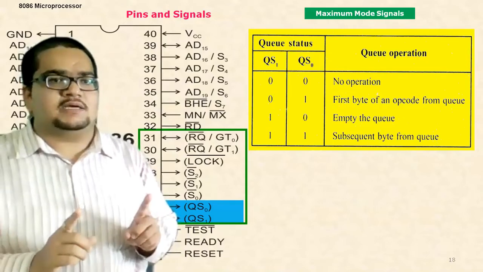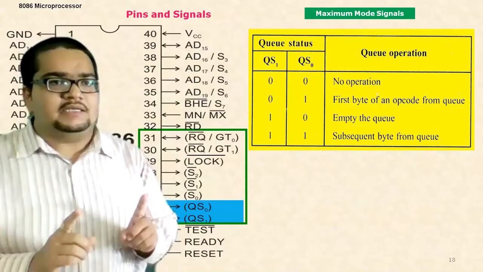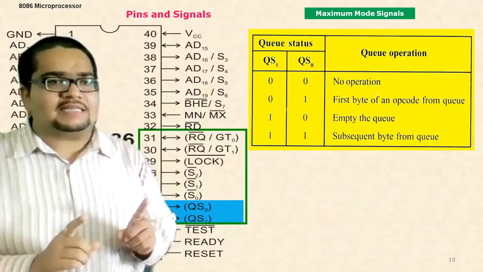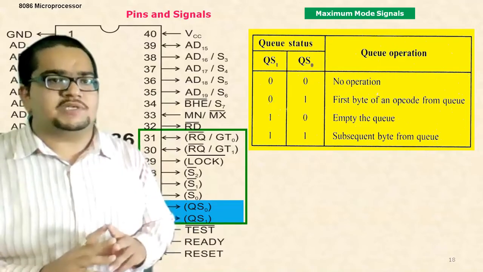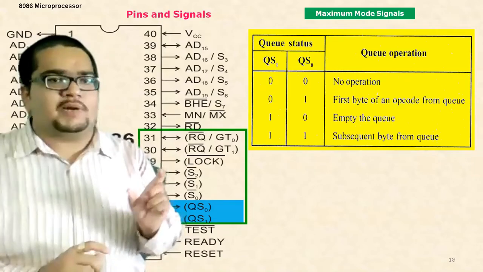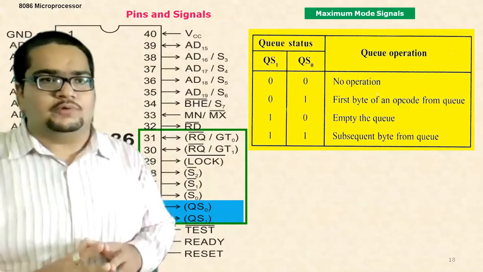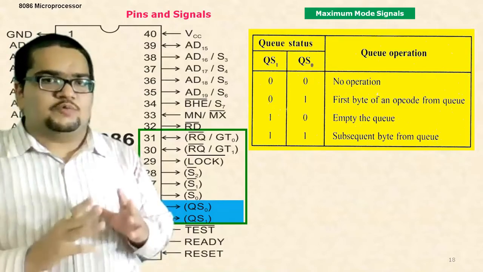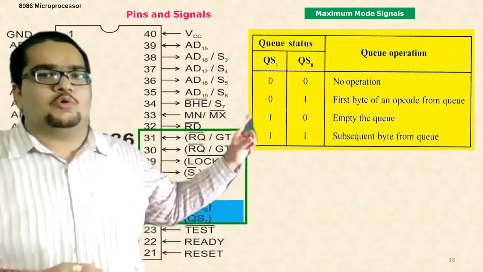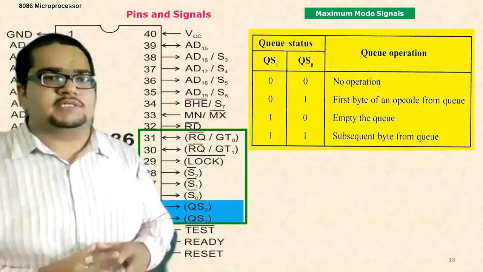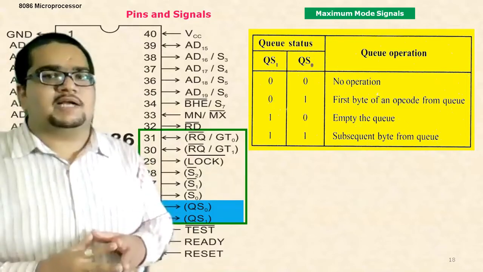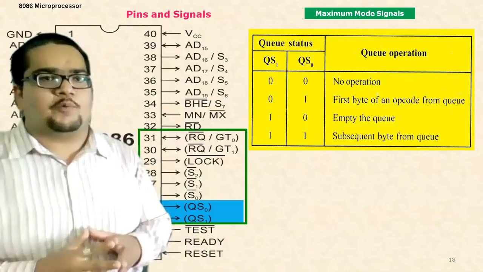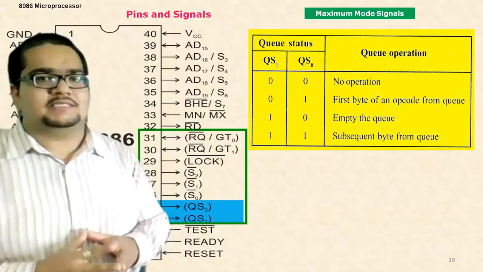One line written in the assembly language program using the instruction set, when converted into machine language, we call the opcode. So every instruction will have an opcode. So when these two lines are 0, 1, the second combination, the first byte of an opcode from the queue is being accessed.